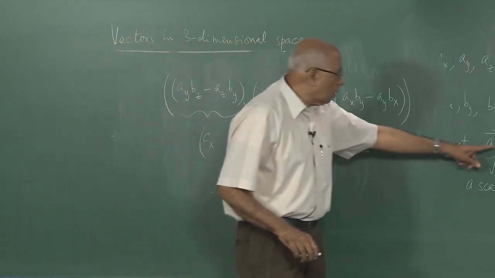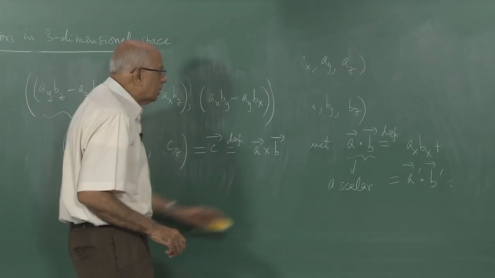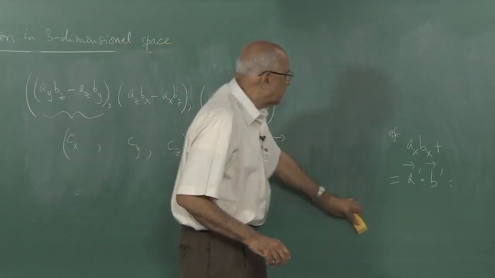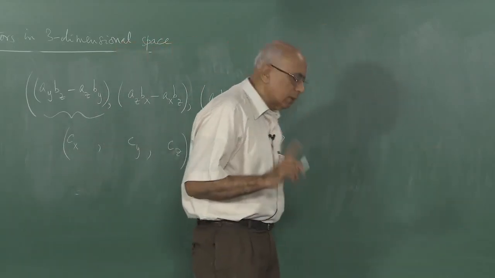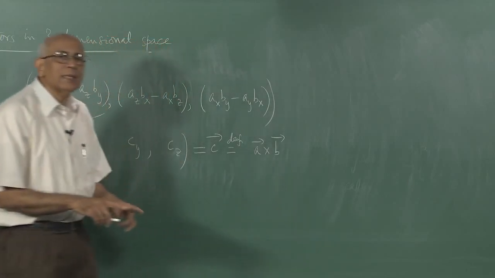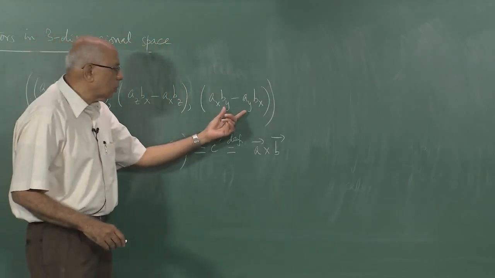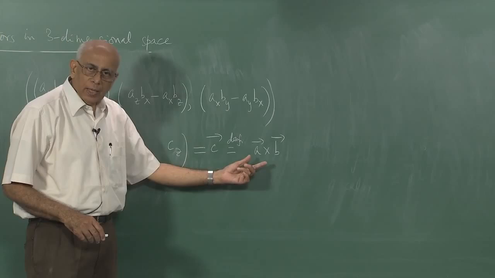In contrast to the dot product which produced a scalar, the cross product produces a vector in 3 dimensions. In 2 dimensions it did not, the analog just produced a pseudo scalar, but here it actually has produced a vector under rotations.